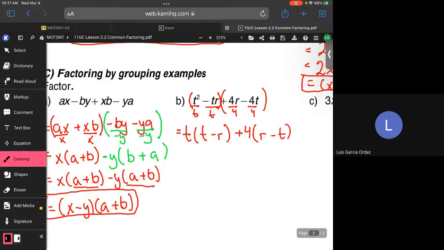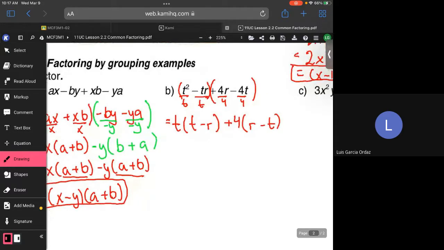Minus t. Okay, so I have one bracket that has t minus r, and I have one bracket that is r minus t. What do I need to do with my second bracket? What do I have to factor out to make it t minus r? Negative 1. So I need to factor out negative 1 to get it to be t minus r.